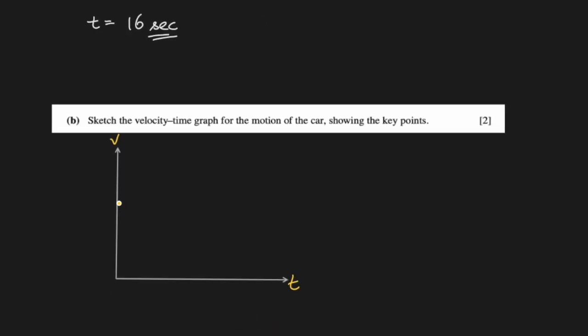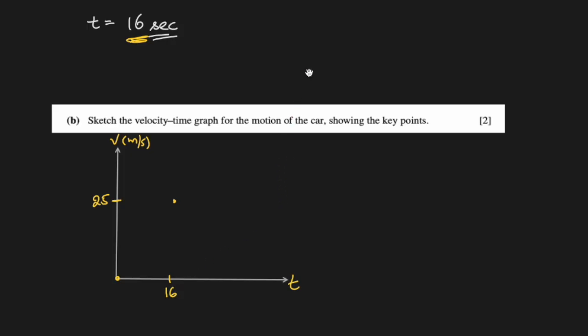So let's say that 25 is here, because this velocity is in meters per second. It started with 0, and 16 seconds later, let's say 16 is here, it reached 25 meters per second here. I will join it later.